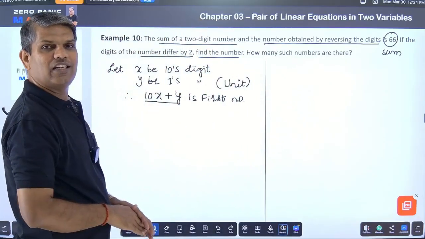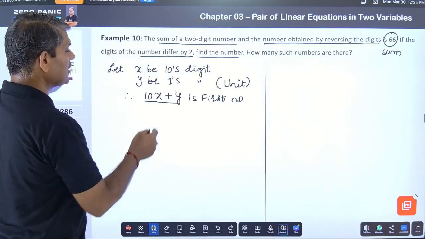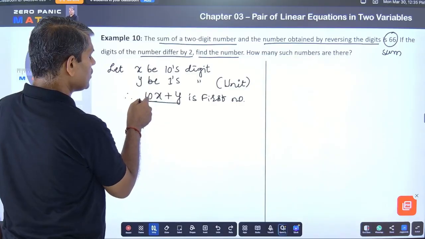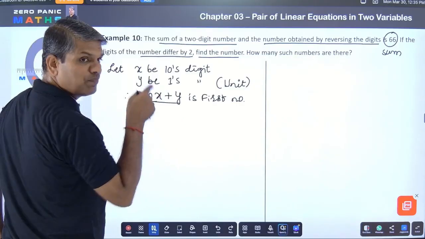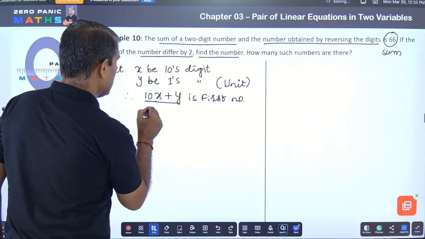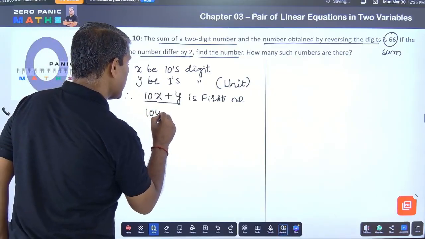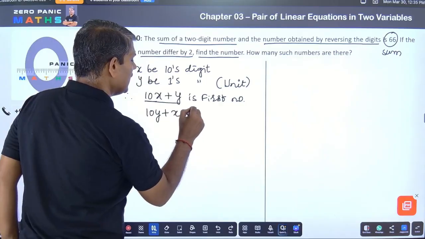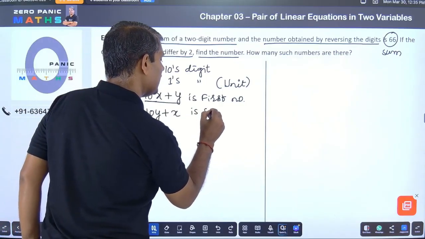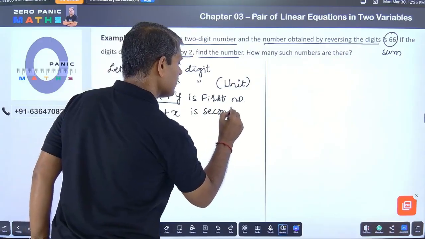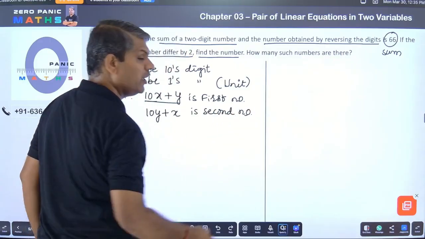The second number they are talking about is the reversing of the digits. So you reverse, y to the tens position and x to the units position, so it will give me 10y plus x as my second number. Listen carefully.